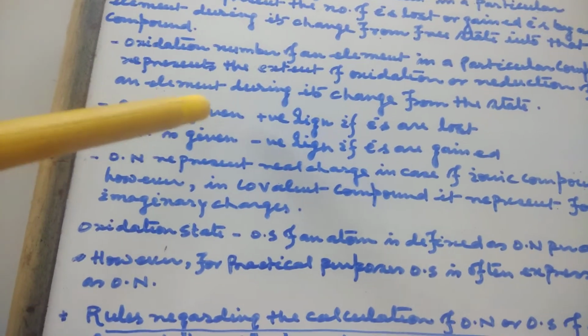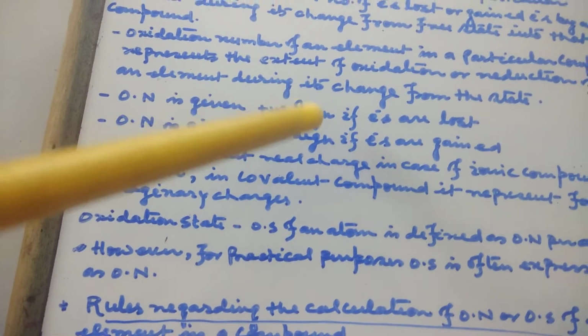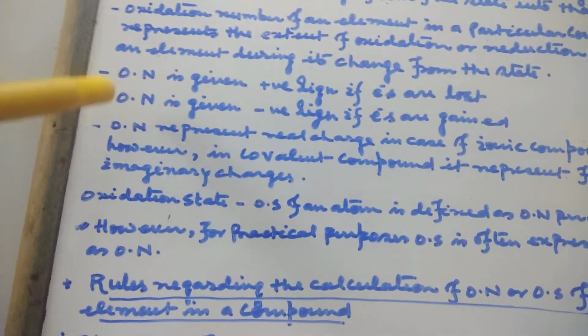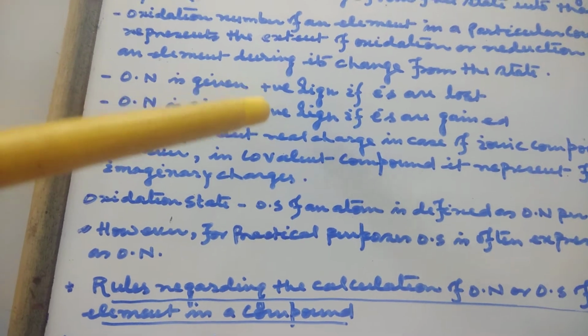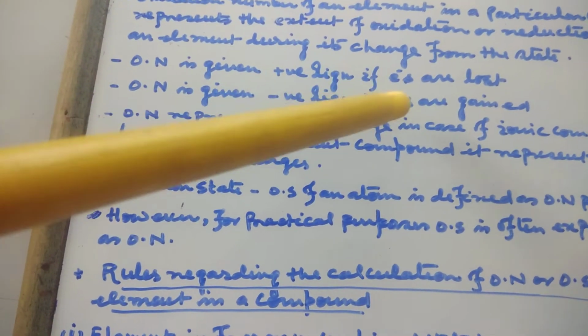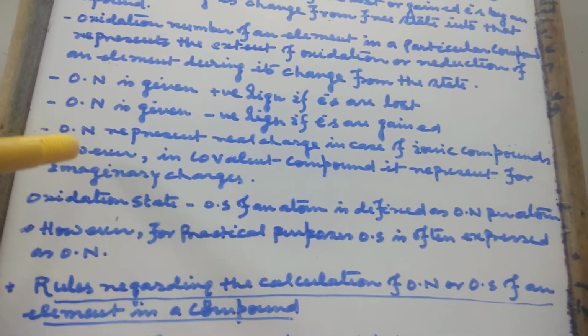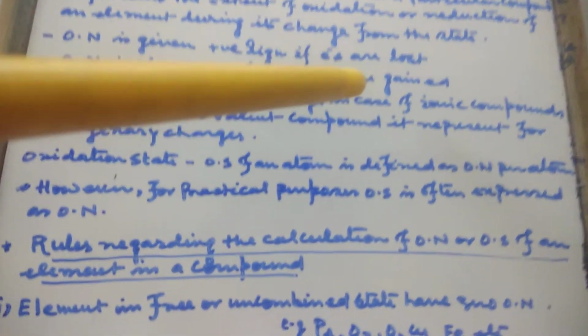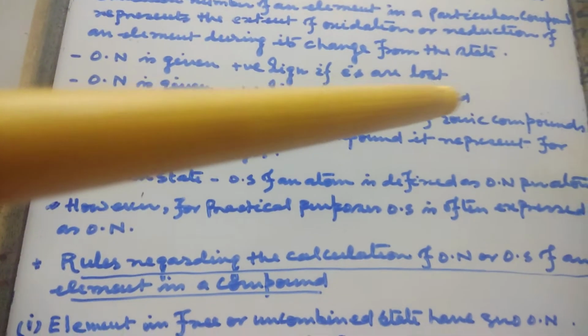Oxidation number is given a positive sign if electrons are lost, and a negative sign if electrons are gained. Oxidation number represents real charge in case of ionic compounds.